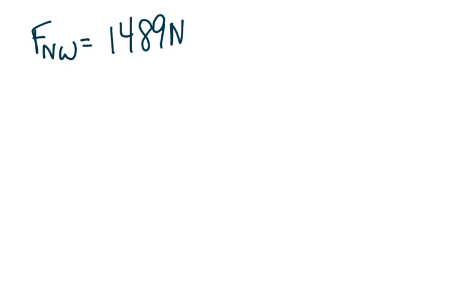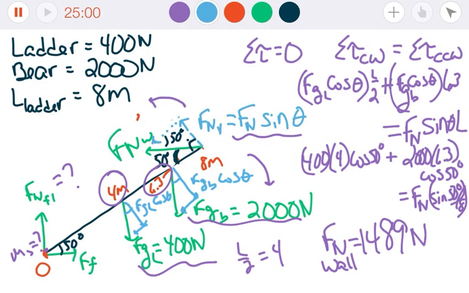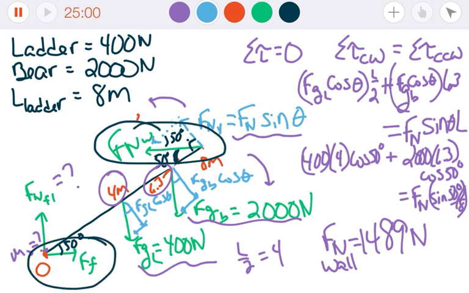All right, so now we know the normal force from the wall is equal to 1,489 newtons. Now we can figure out the frictional force, because if we go back to our original diagram, what must be true about the frictional force if this is in equilibrium? They have to be equal to each other.